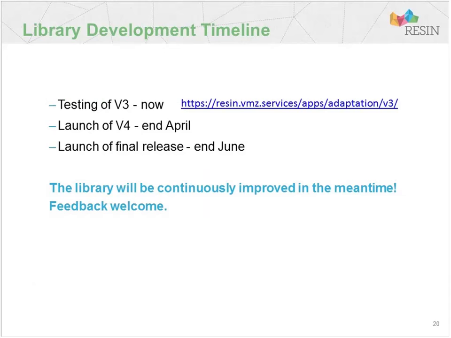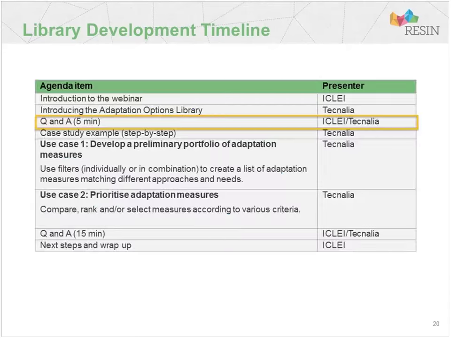So, well, we are having a continuous improvement process. That's why we are very happy to receive feedback from all of you in order to improve the tool. And well, I wanted to now give the floor to Eleanor to follow with the questions and answers.